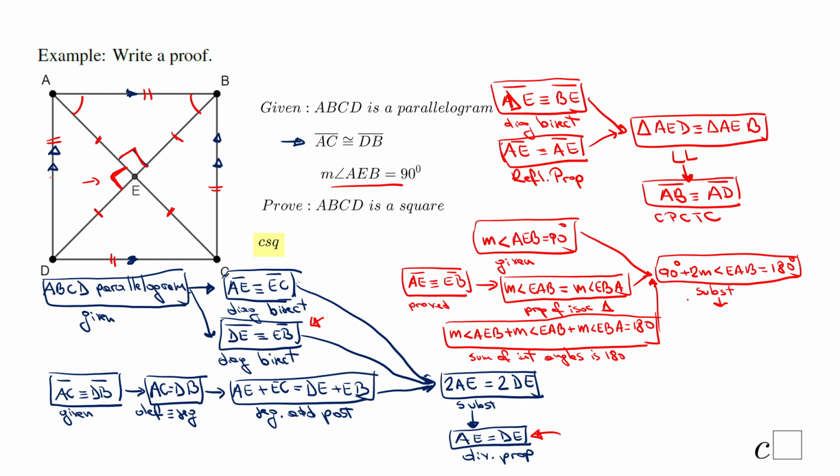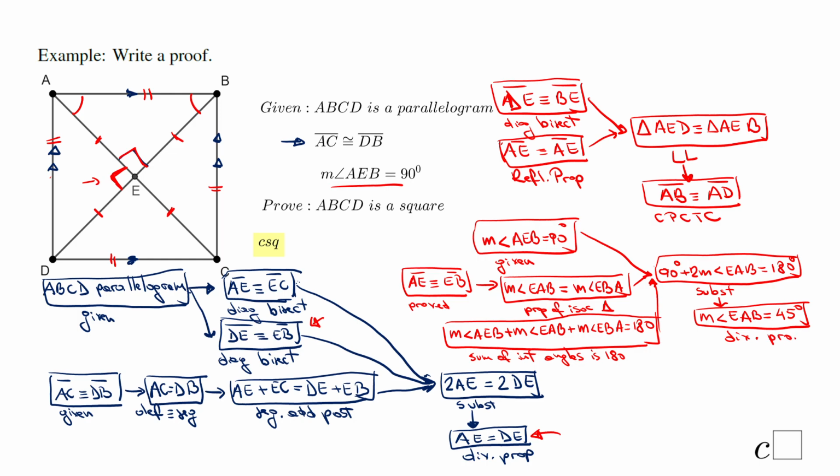And that will give us the measure of, I'm going to make it a shortcut, nothing else than the algebraic property we can use, which is subtraction of 90 and then dividing by 2, and that will be 45 degrees. And probably the last thing will be here, division property, because that's the last thing we're going to do.